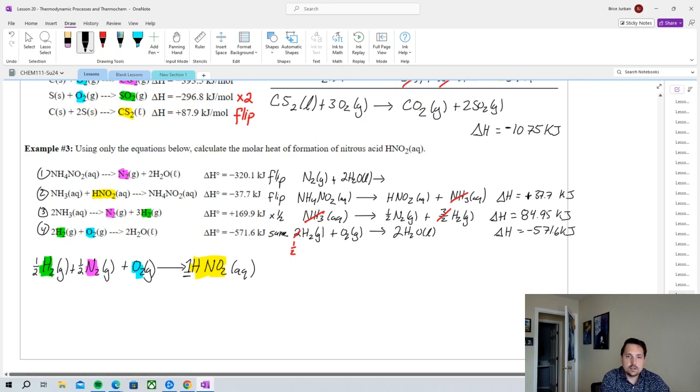And then on the right side, we will have NH4NO2, ammonium nitrite. And the delta H of this one will be the negative of the negative, so positive 320.1 kilojoules. Okay, now let's look at how the nitrogens and waters are dealt with. So these end up canceling.